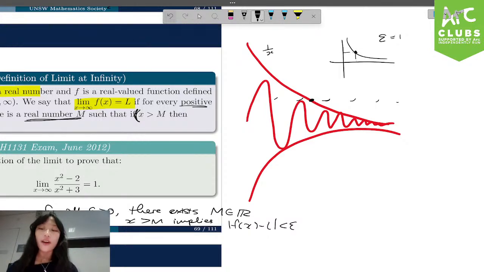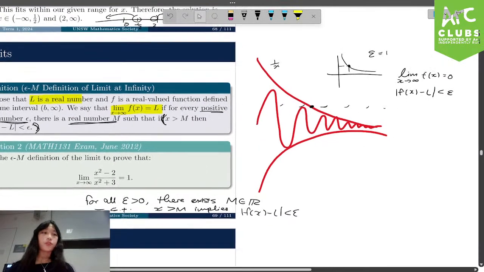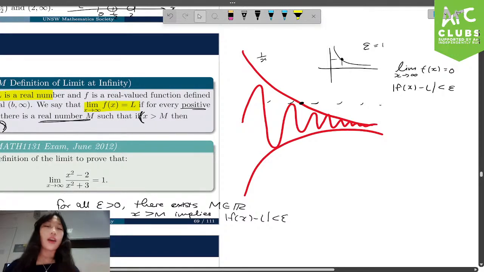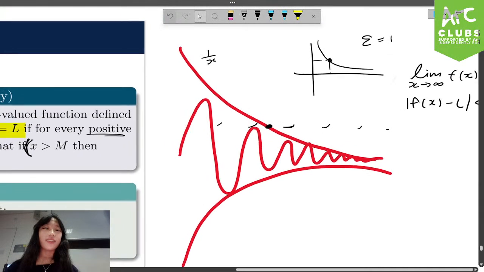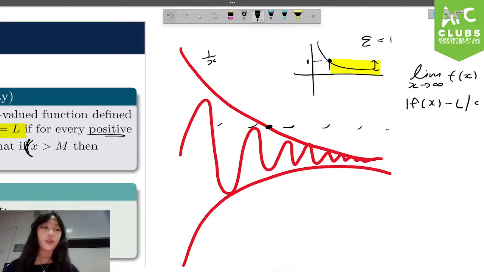So our L value is equal to 0 if we're trying to prove that this is equal to 0. What this essentially means is that f x minus L, or 0, has to be within epsilon of the limit. So f of x has to be within epsilon of the limit. So we've got 1 here, and we want to be within 1 of 0, which is our ultimate limit value.